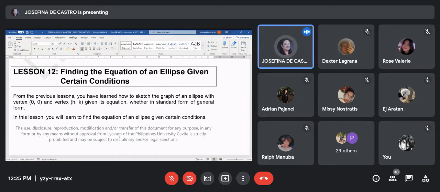And then you have the length of the latus rectum, latera recta. And then you also get the 1/2 of the LR. And then the endpoints of the latus rectum, L sub 1, R sub 1, and L sub 2, R sub 2. And then you also have the length of the minor axis, and then the length of the major axis. So there are 9 parts.